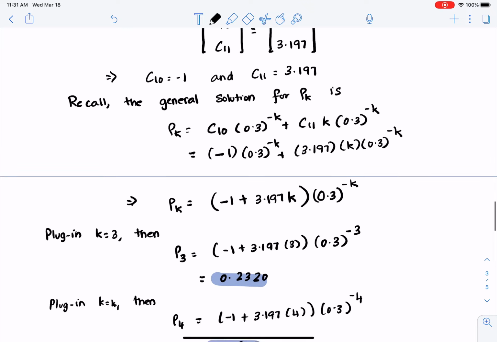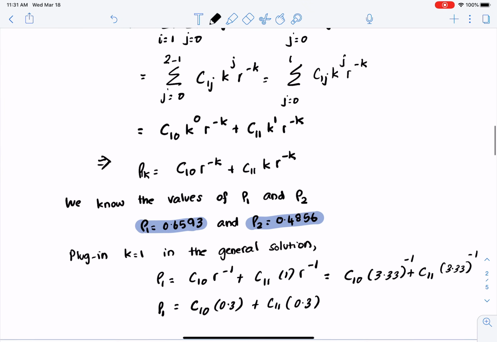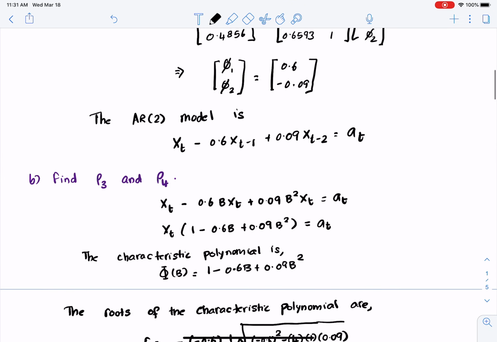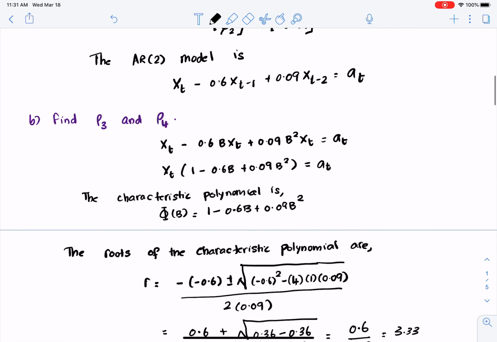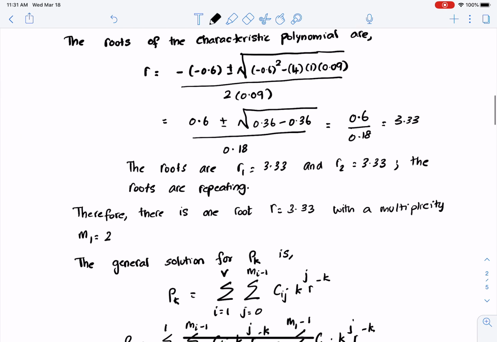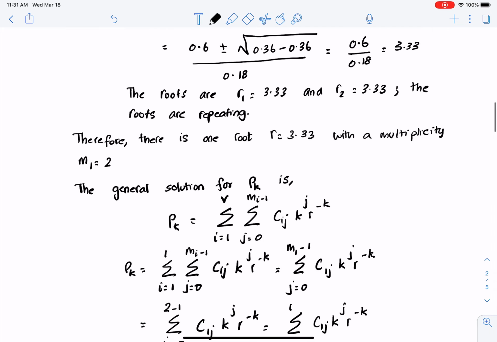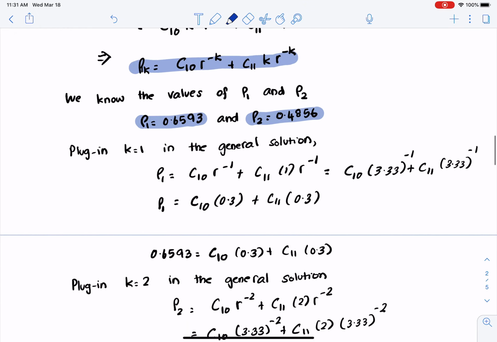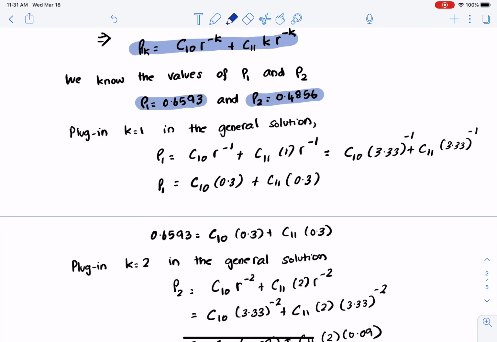So in order to find autocorrelations at lags greater than k equals 2 in an AR2 model, we first have to find the roots of the characteristic polynomial. We use the roots to find the general expression in terms of k, which is right here. And then we have to find C10 and C11 using the known values of autocorrelation, which are rho 1 and rho 2.